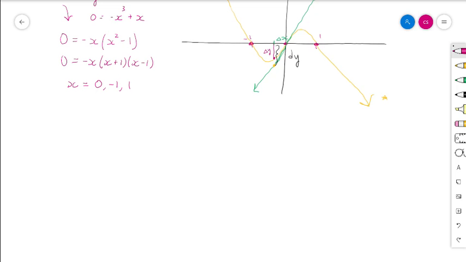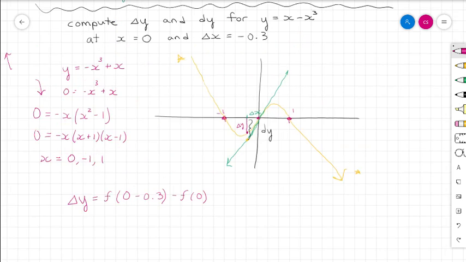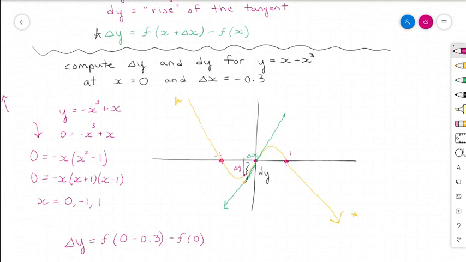Okay, so delta y. So we're going to do this little part right here. Delta y is going to be f of x plus delta x, minus f of x. All right. Again, that's this formula right here, where x is 0 and delta x is -0.3.